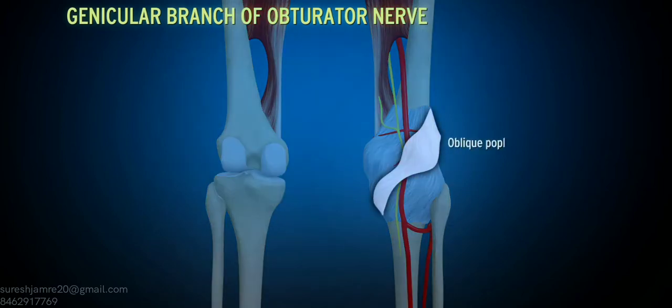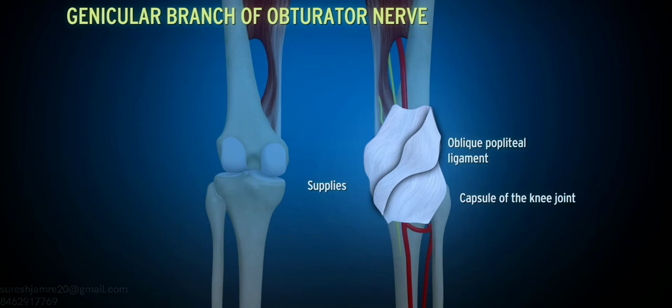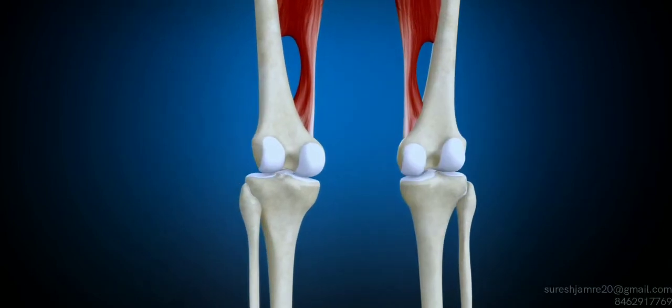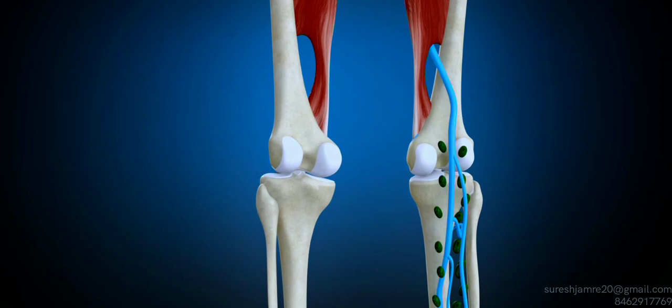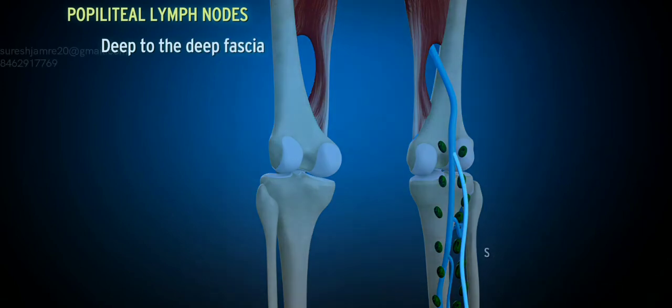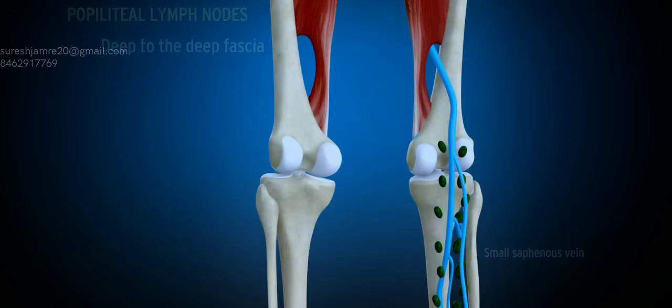It pierces the oblique popliteal ligament and supplies the capsule of the knee joint. Popliteal lymph nodes. These lie deep to the deep fascia near the termination of the small saphenous vein.